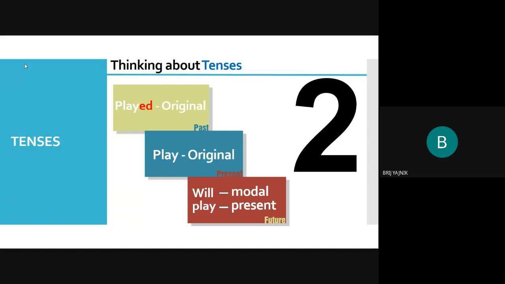revisiting the tenses and the system of tenses of the English language, because we need to understand what options we have when we talk about future, and not just about future, but about all the other aspects.